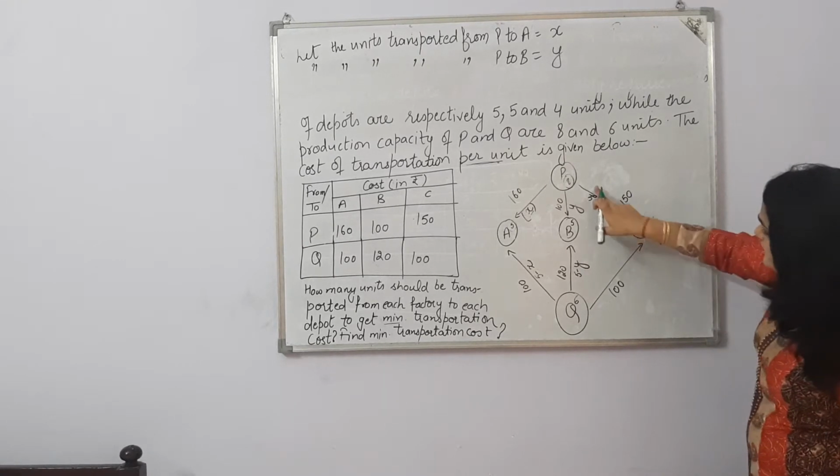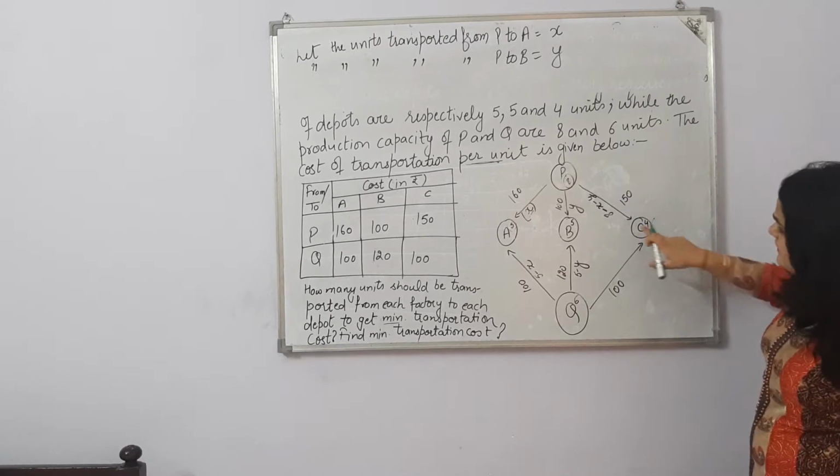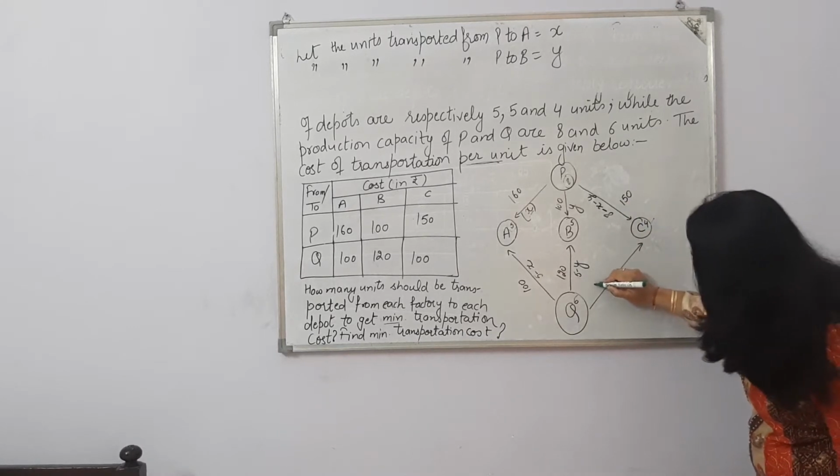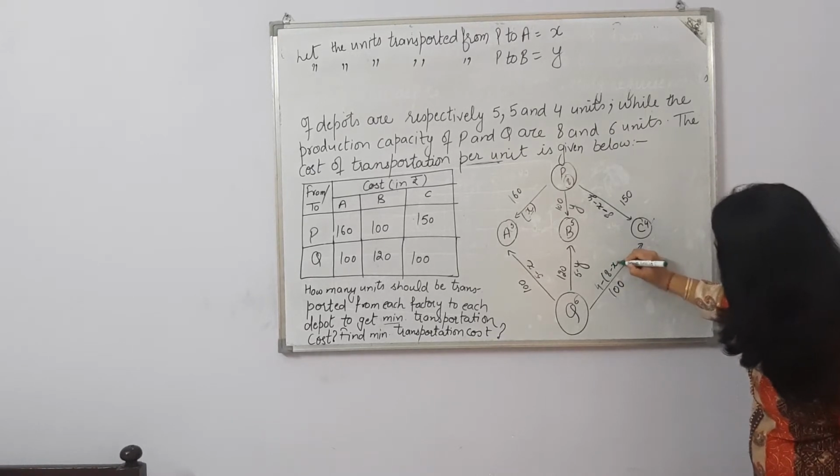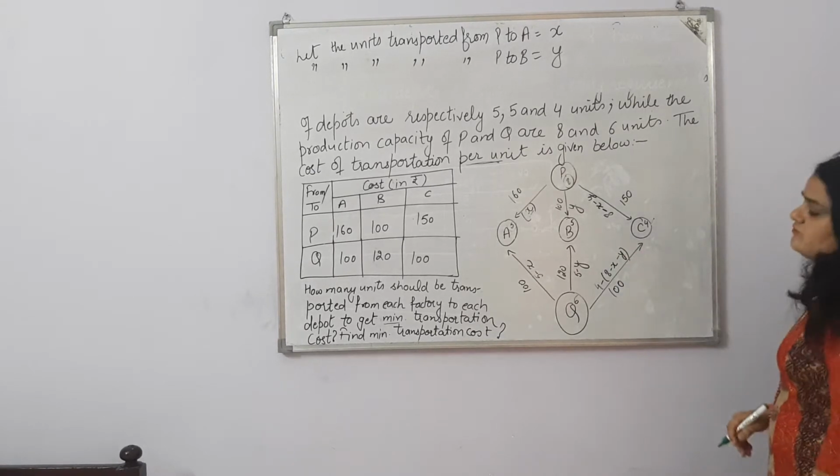Now, he has taken some quantity from P. The left quantity is 4 minus (8 minus x minus y).